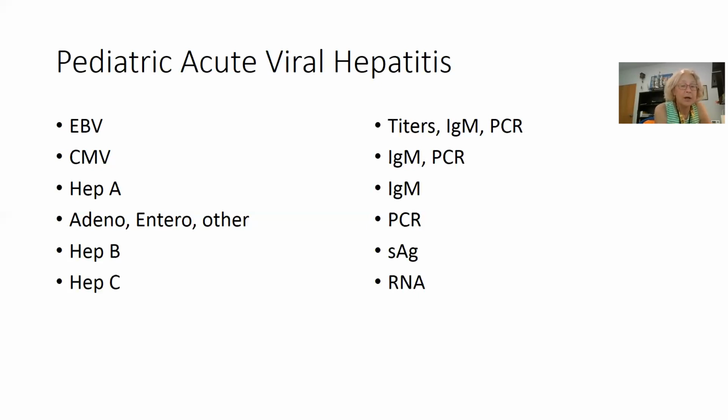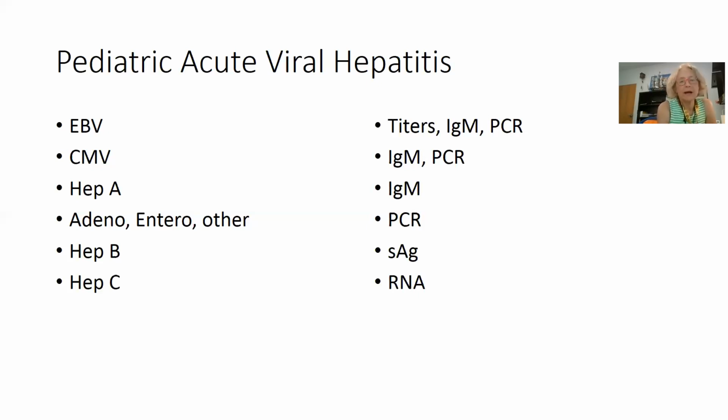If you want to know if their jaundice right now is from hepatitis A, you need to get the IgM. Of note, this is a really good vaccine, and so if you have documentation that they received it, it's probably not hepatitis A. There are other viral hepatitises that are actually really common, things like adenovirus, enterovirus, other viruses.